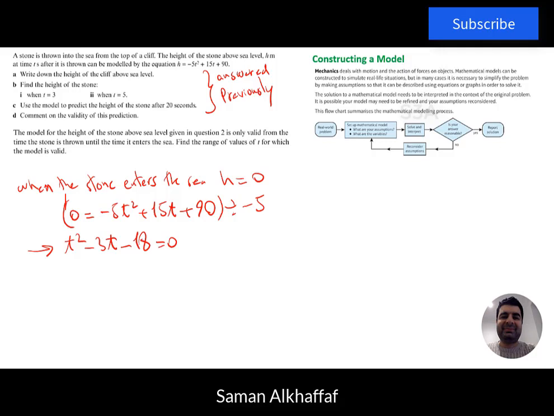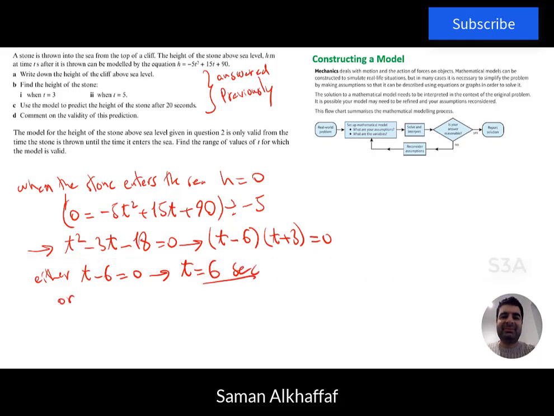And we can factorise this expression, which gives us t minus 6 and t plus 3 equated to 0. So either t minus 6 equals 0, so t equals 6 seconds, or t plus 3 equals 0, so t equals minus 3 seconds.